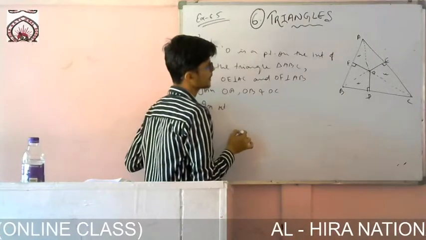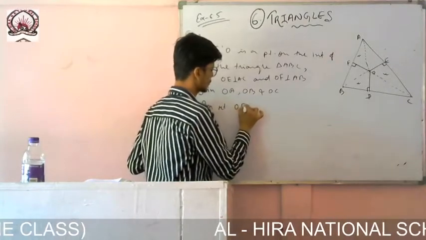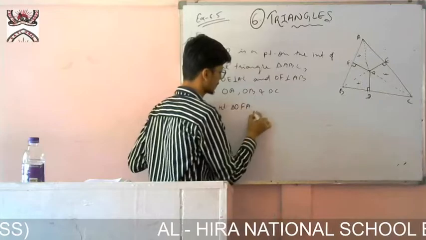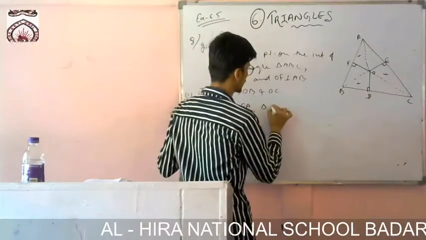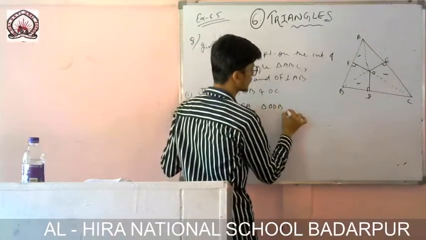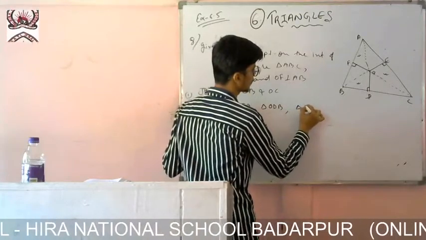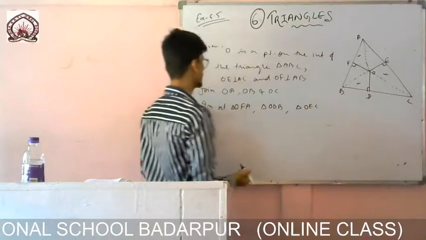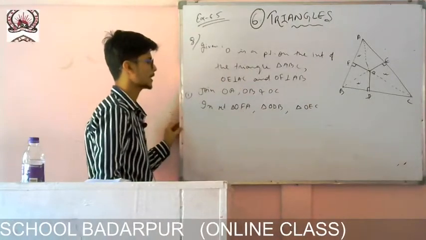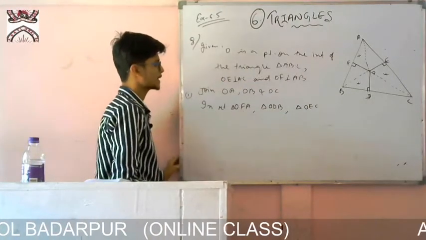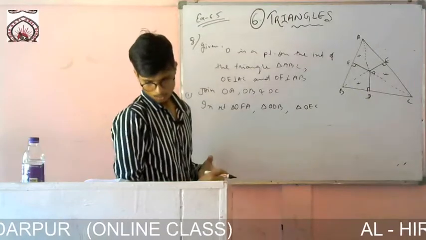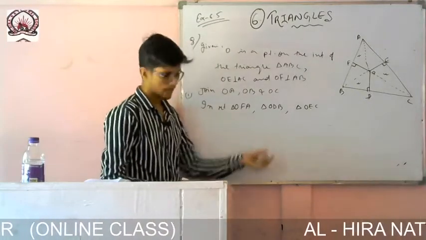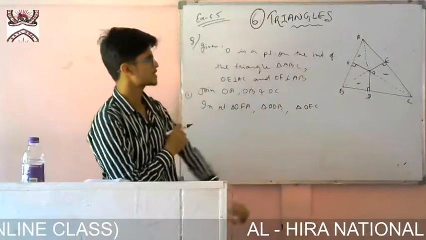Triangle OFA, triangle ODB, triangle OEC. In right triangle OFA, triangle ODB, triangle OEC, these all are right triangles. So one by one I am using the Pythagoras theorem.